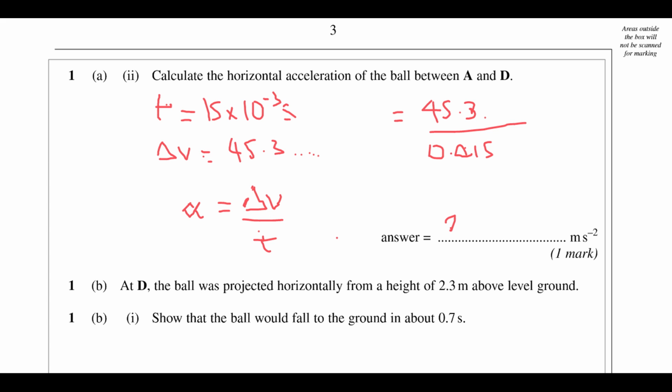So we're going to give that as 3.0 times 10 to the 3, 2 significant figures, which would be an appropriate number here.